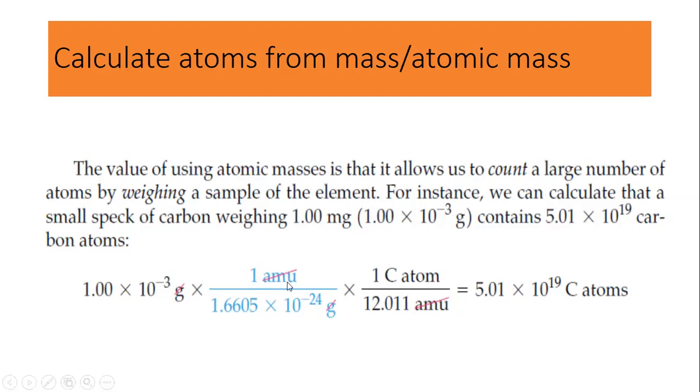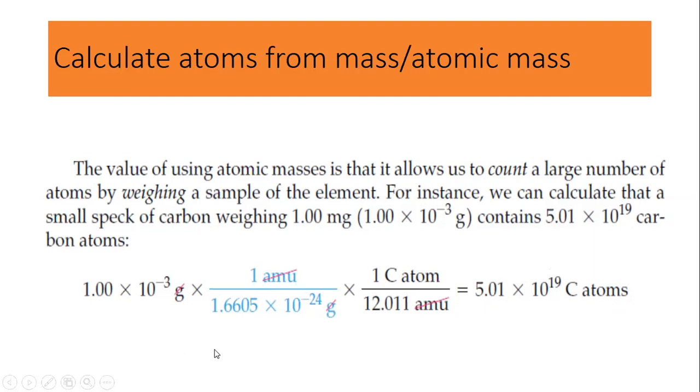If you solve this, the whole value will be 5.01 x 10^19 carbon atoms, because this is the only thing left over here. So these are the number of atoms of carbon present in 1 milligram of carbon.